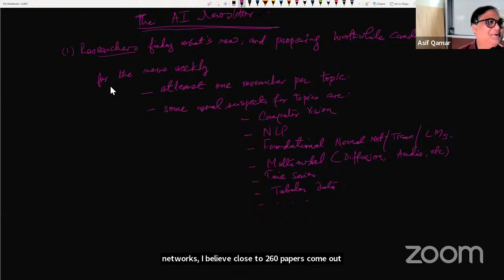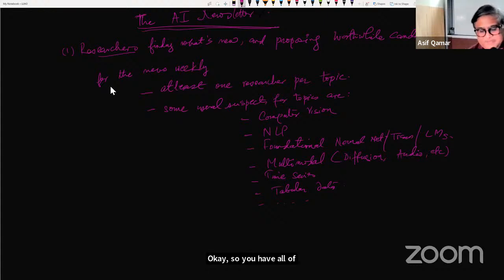Huge numbers of papers come out, like in the preprints, like in the archives and so forth. If you look across all the topics, every single topic has its area in the subject, and you will see that there are submissions every day on each of these topics coming in. Okay? So you have all of these researchers.